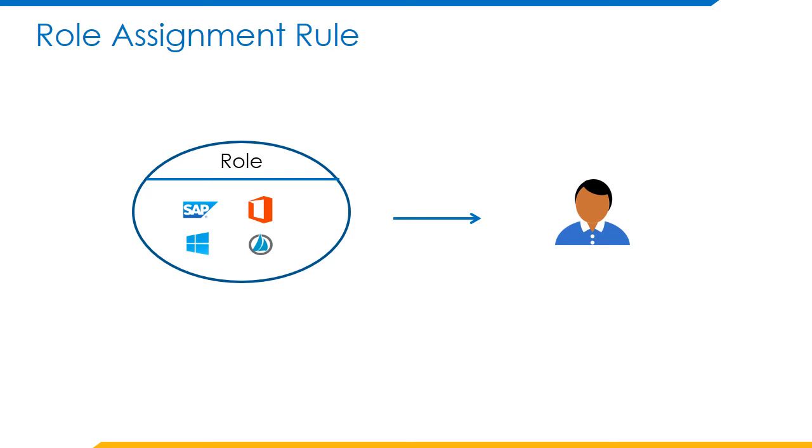Each and every identity shall be checked for the evaluation of this rule, and if it evaluates to be true, the respective role shall be assigned. The inputs to this rule are role name and identity under consideration. The output shall be a true or false value, which is an indication whether or not this role shall be assigned.